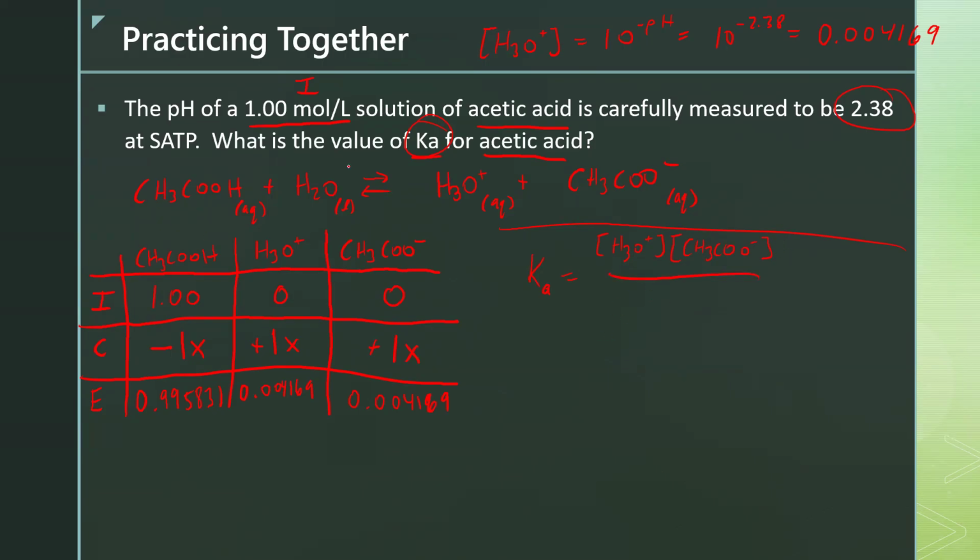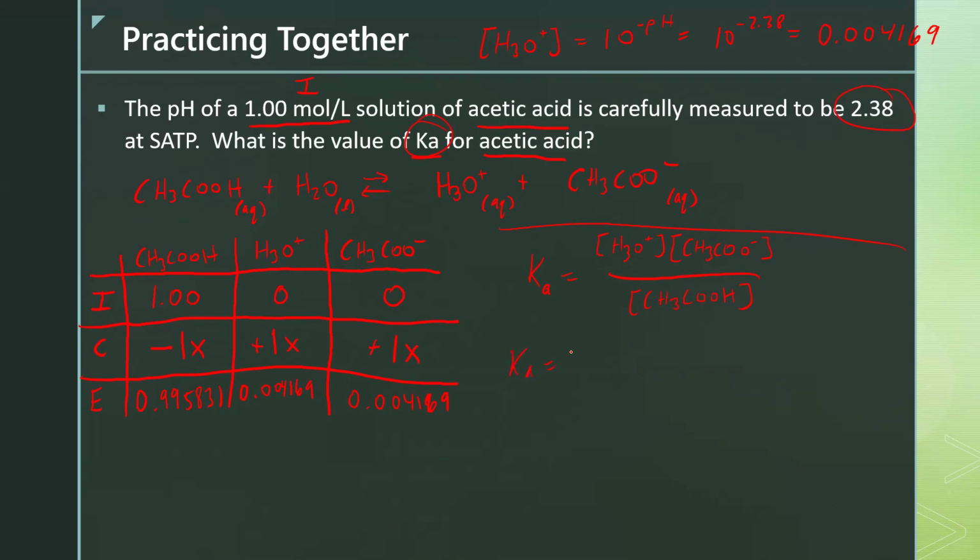Divided by our reactants, but remember we're not going to include water because it's a liquid, so it's just the concentration of CH3COOH. And remember all these concentrations, because this is at equilibrium, must be our equilibrium concentrations. So it's these guys just down here. We're now ready to plug all this in, finally, right?